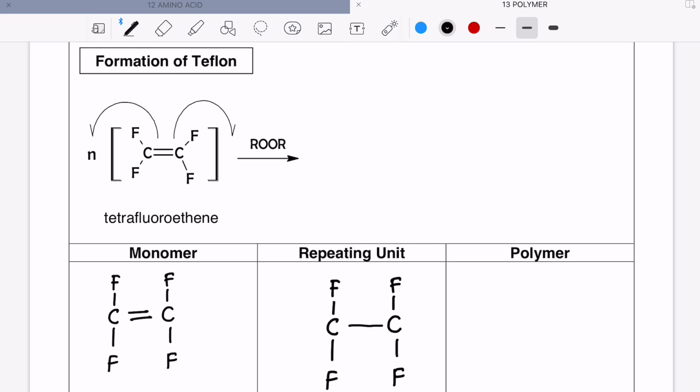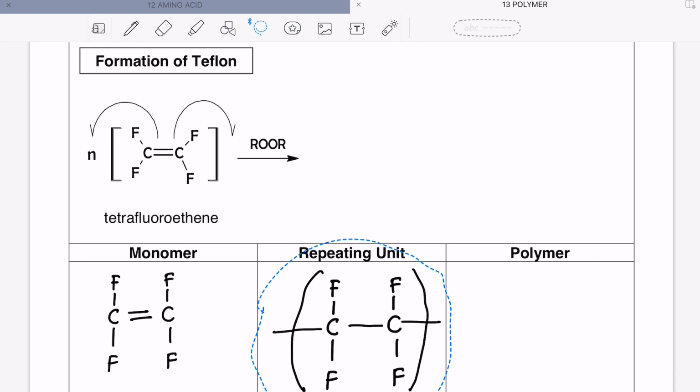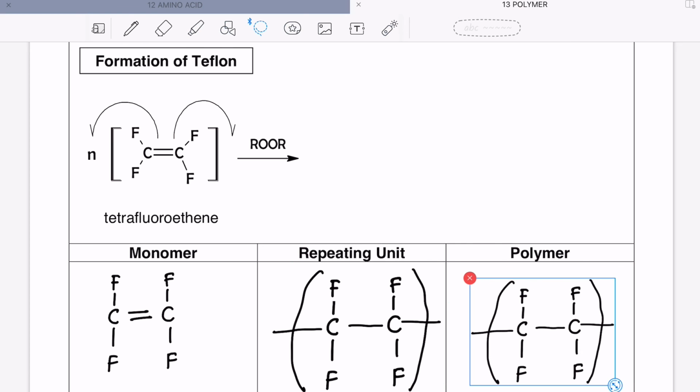It has broken after the addition process. So this will be your repeating unit, and this will be the polymer. Okay, there you go.